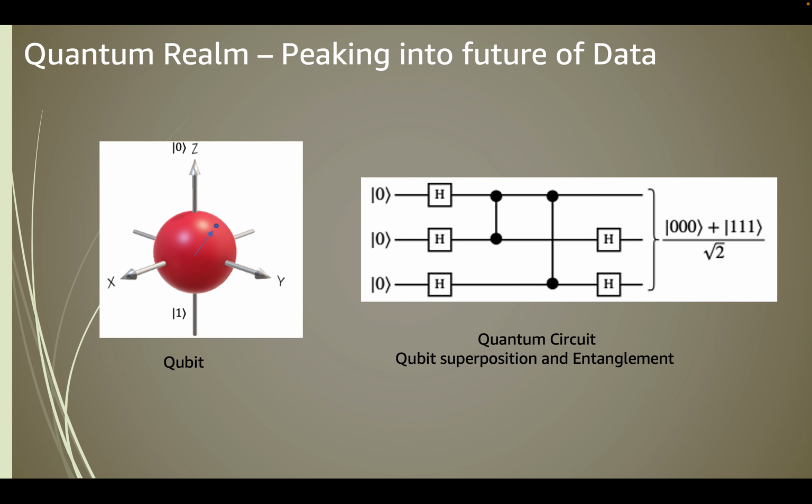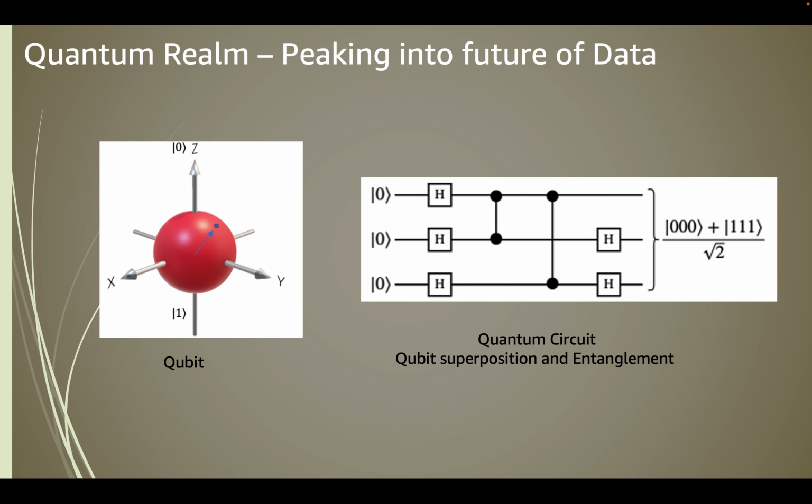So now, before wrapping up, I would like to talk about quantum computing, which is peeking into the future of data, right? There is still lots of data which is unlocked. If you talk about space travel, large scale optimization, or genomics, these things are still not completely unlocked because currently we don't have that capability.